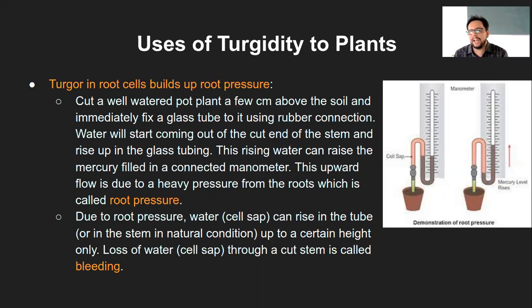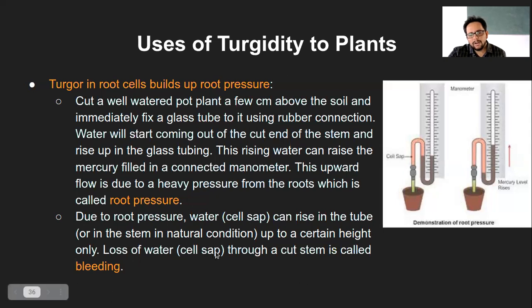It can only happen up to a certain height, because this process cannot go on. Whatever amount of water is present in the soil and whatever is the absorption capacity of the roots of this particular plant, only that much height can be reached in this experiment.